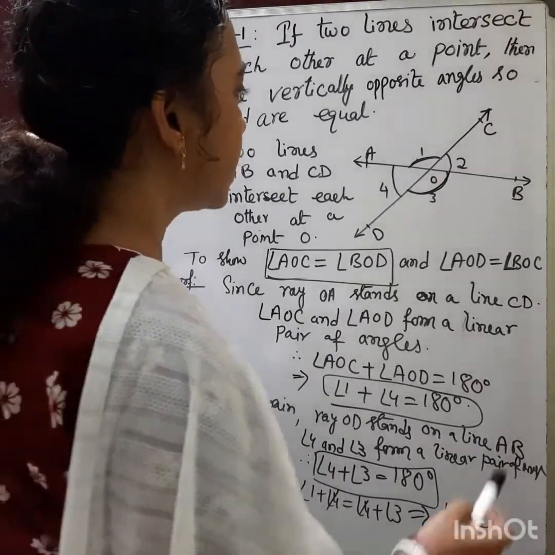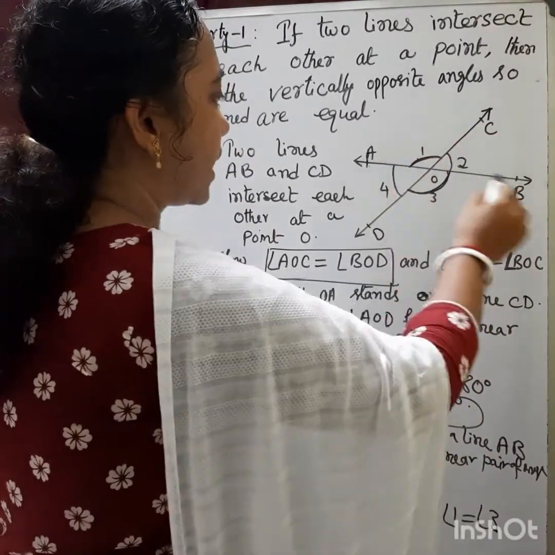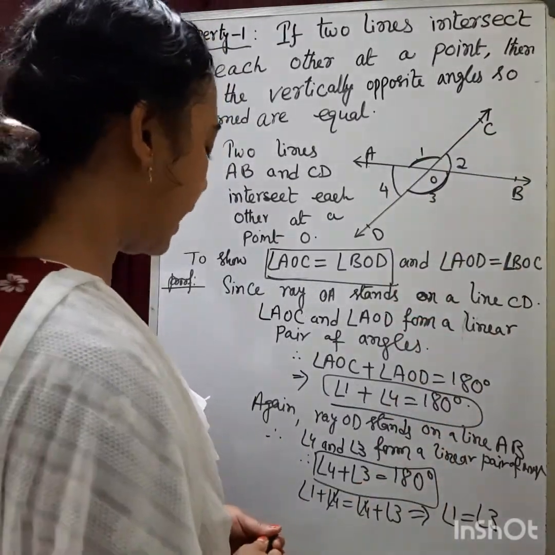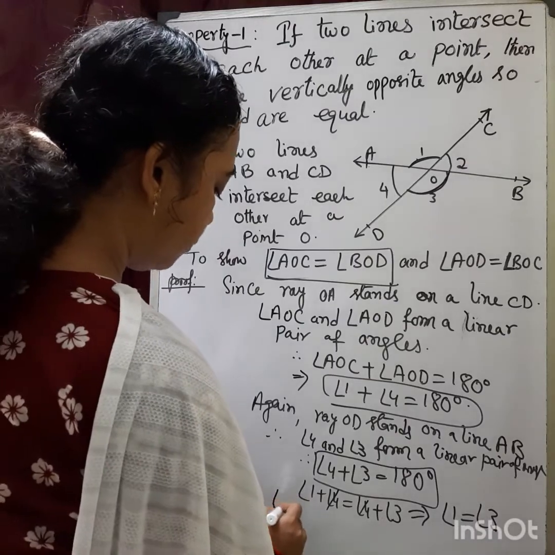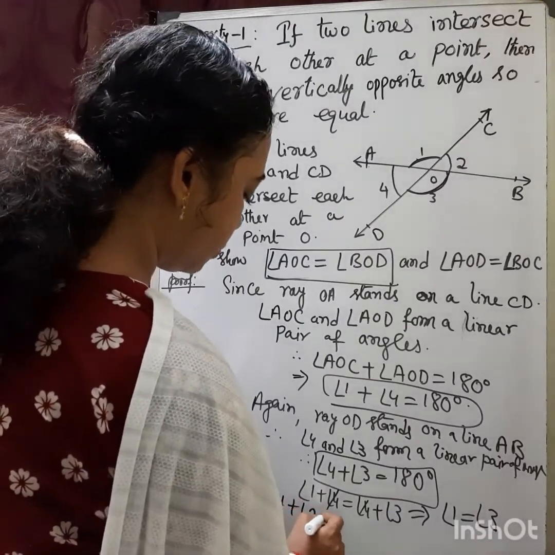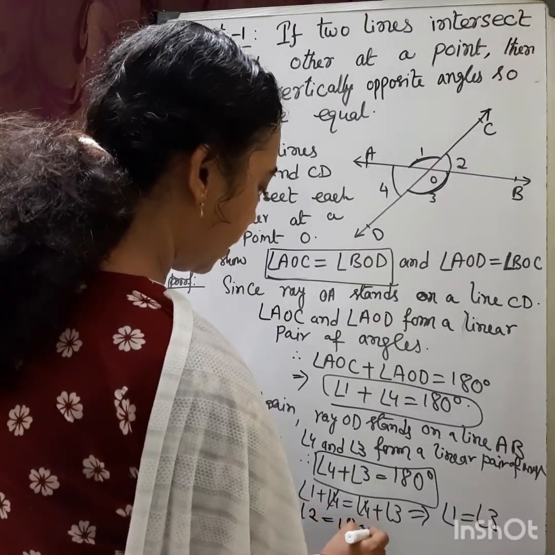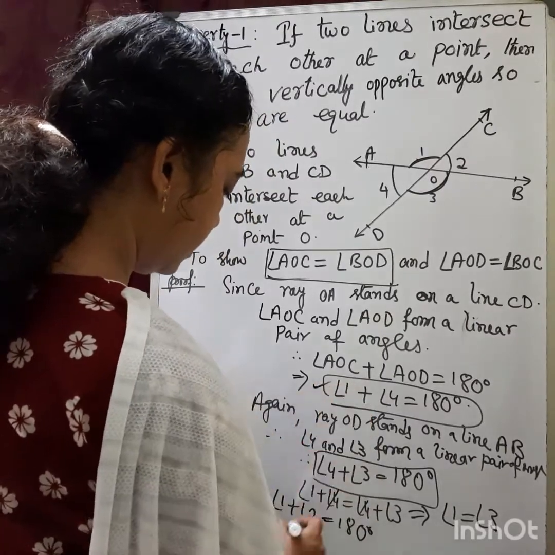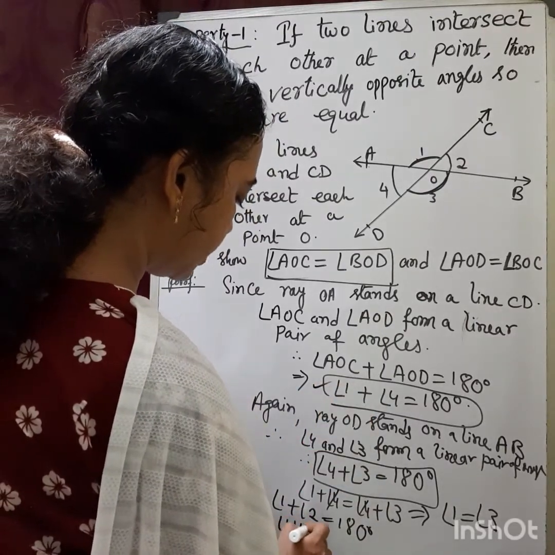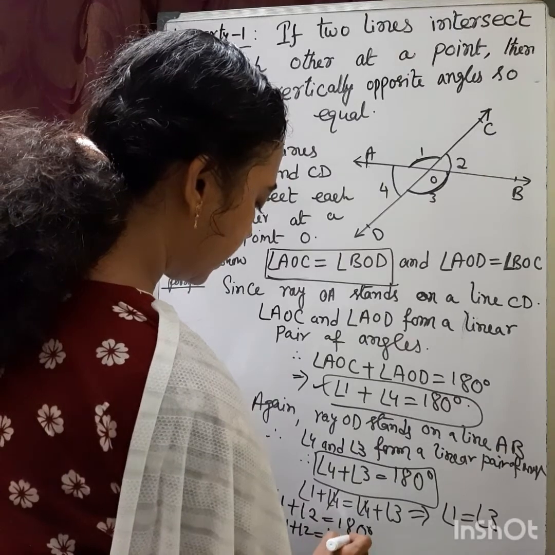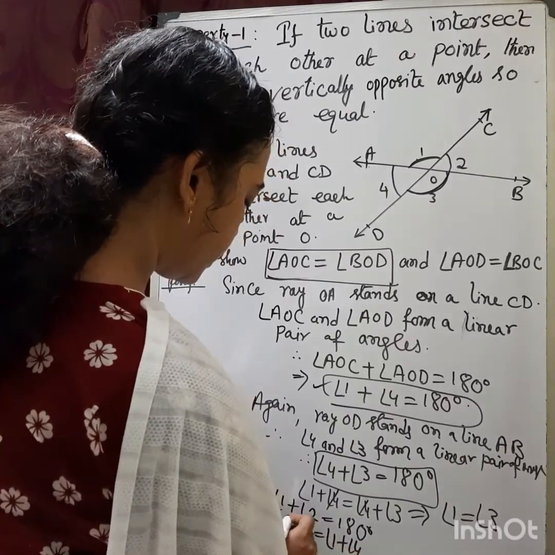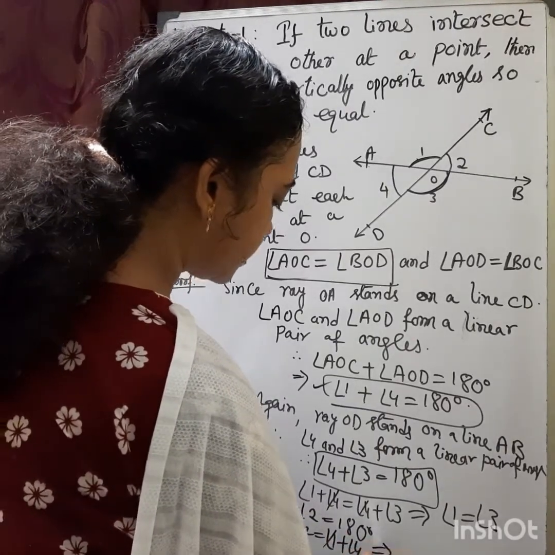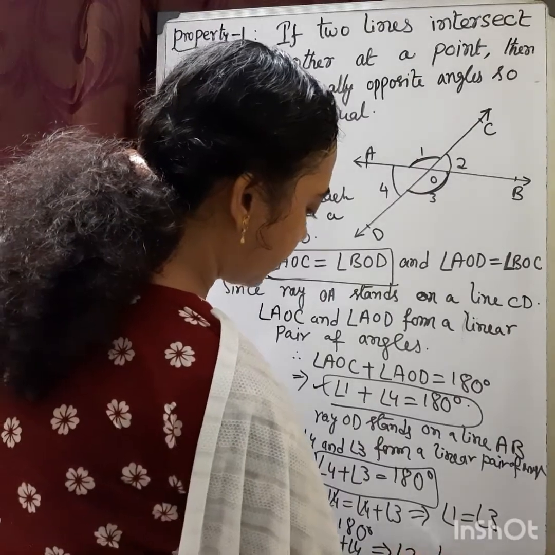Now similarly, if we consider a ray OC which stands on a line AB, then in that case what can we write? Angle 1 plus angle 2 is equal to 180 degree. Now if we compare with the earlier equation, then angle 1 plus angle 2 is equal to angle 1 plus angle 4. So on both the sides angle 1 is common, so this implies angle 2 is equal to angle 4.